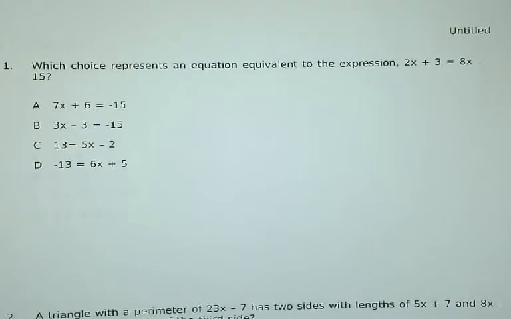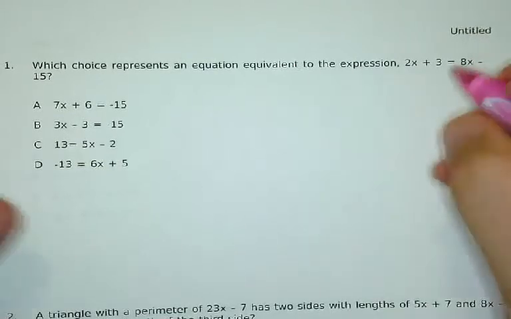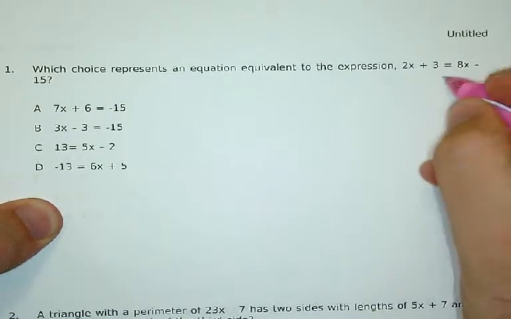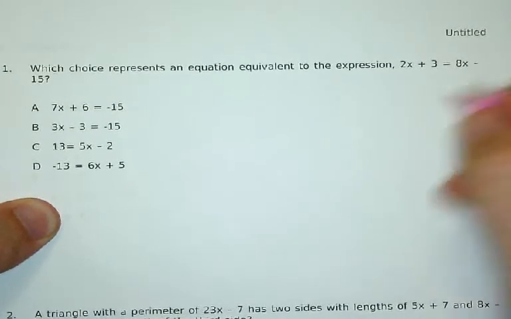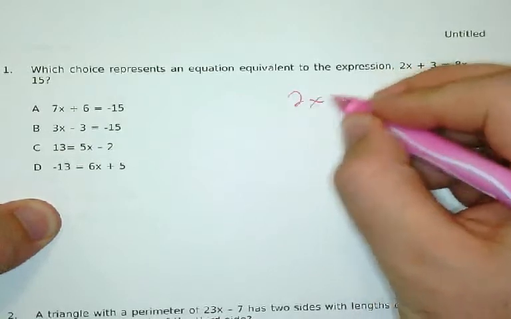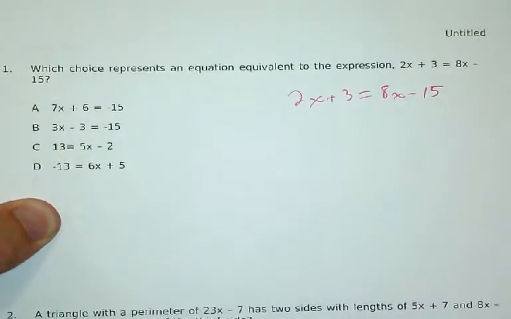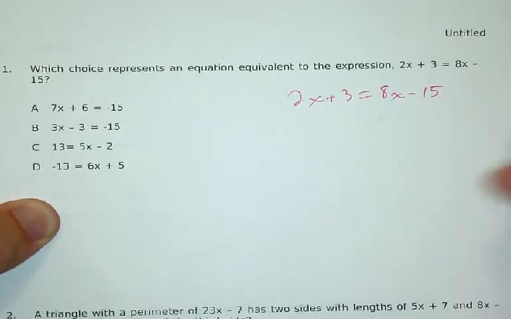Alright, there's a couple of different ways we could tackle this. The way I'm going to choose is first I'm going to figure out what this x is. So I've got 2x plus 3 equals 8x minus 15. So the first thing I'm going to do is I'm going to solve this one.